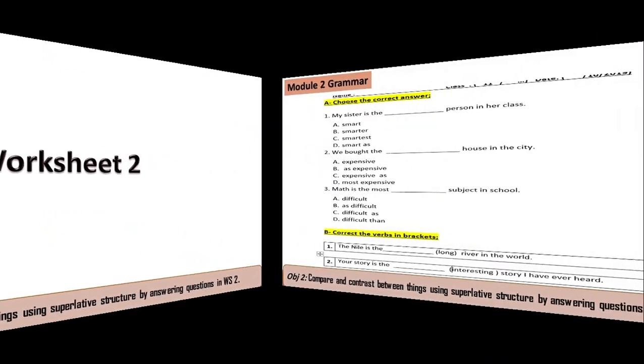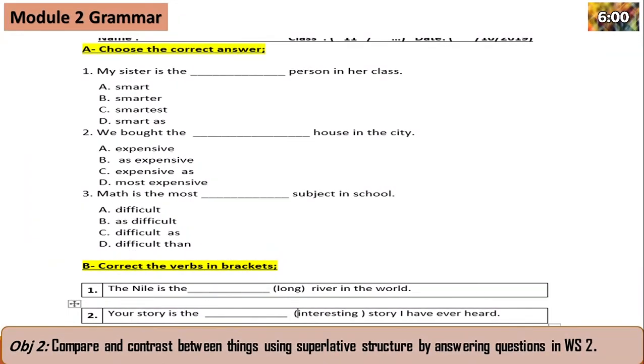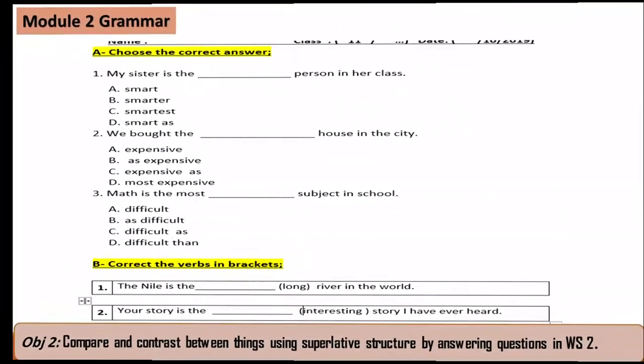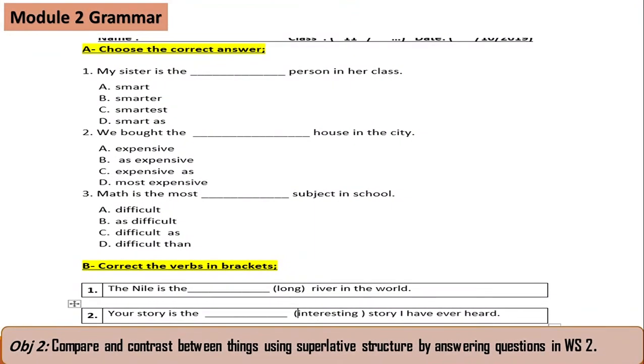Worksheet 2, read and let's check your answer. You can pause your video and choose the correct answer, then correct the adjective between brackets. Okay, number 1. Let's check your answer. My sister is, bravo, the smartest person in her class. 2. We bought the most expensive house in the city.